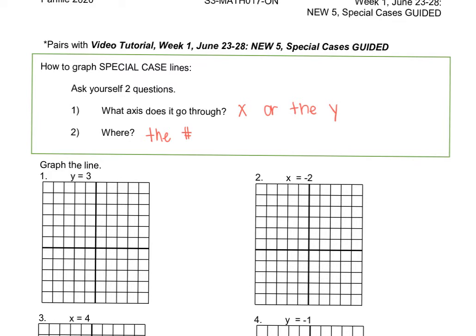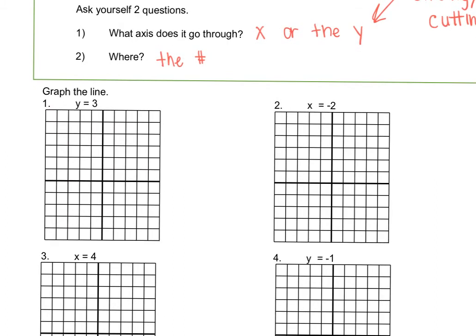Now, what axis does it go through? My question for that is, which axis is it slicing? Which axis is it cutting? So if we look at this, y equals 3. What axis does it go through? It goes through the y. And where does it happen? At 3.